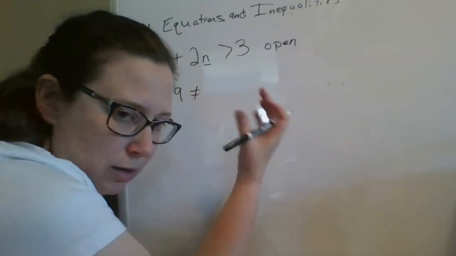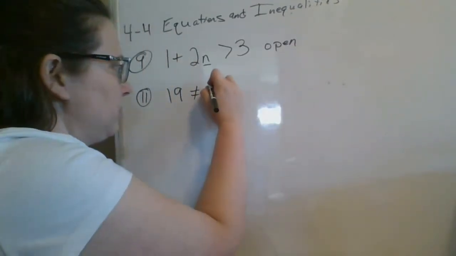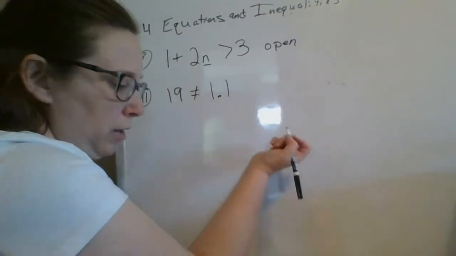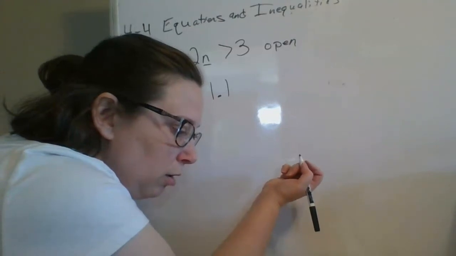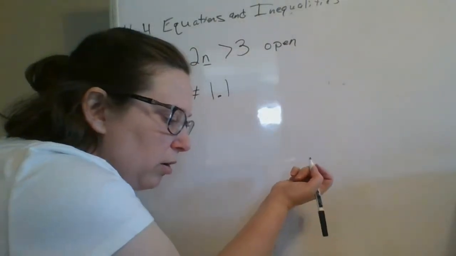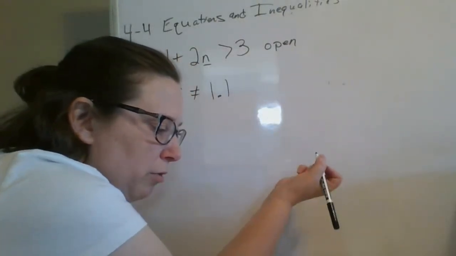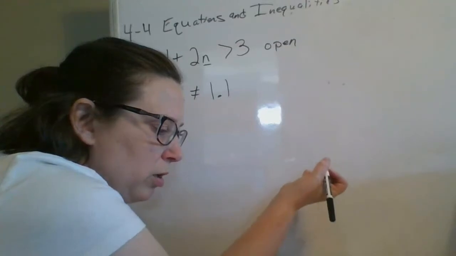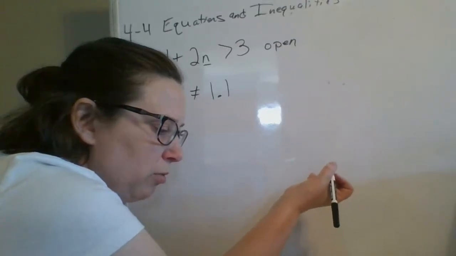So 1 and 1/10, that's the number, the sum of 1 and 1/10 of 100.